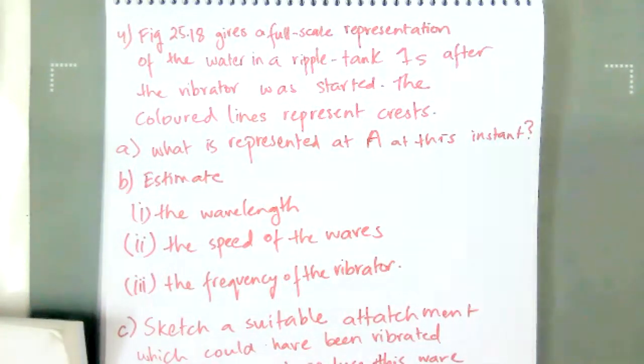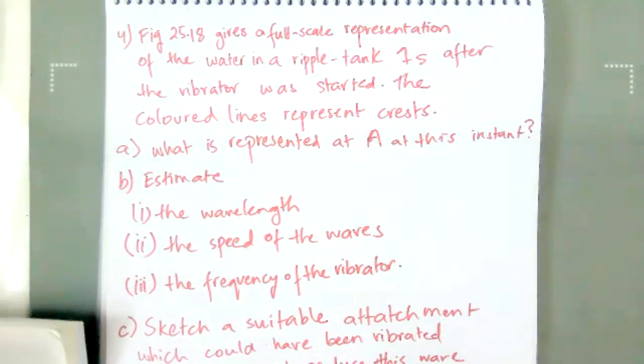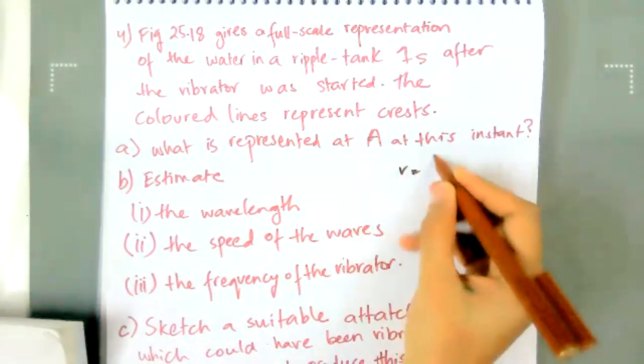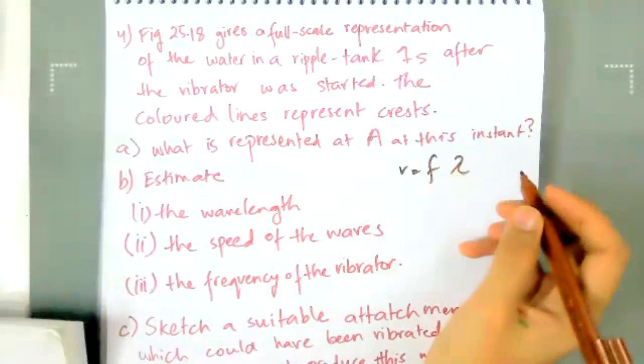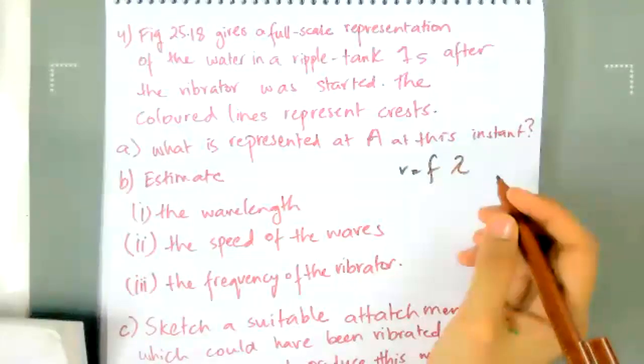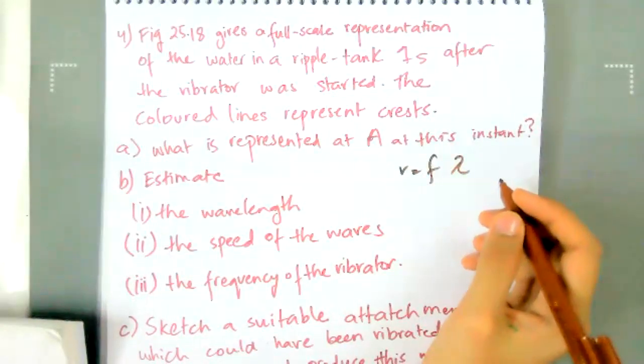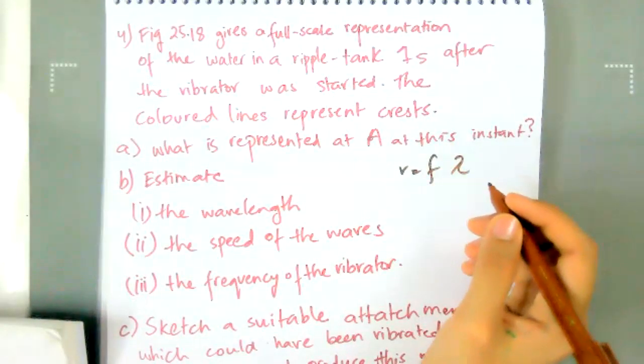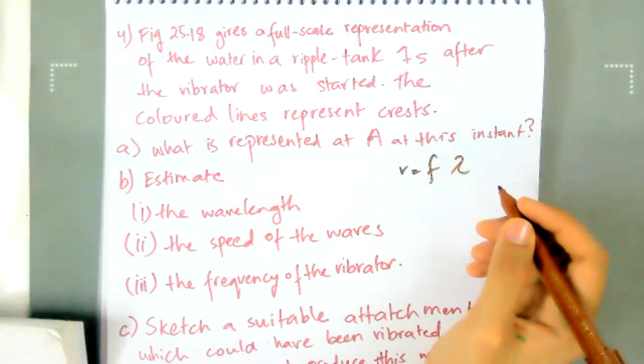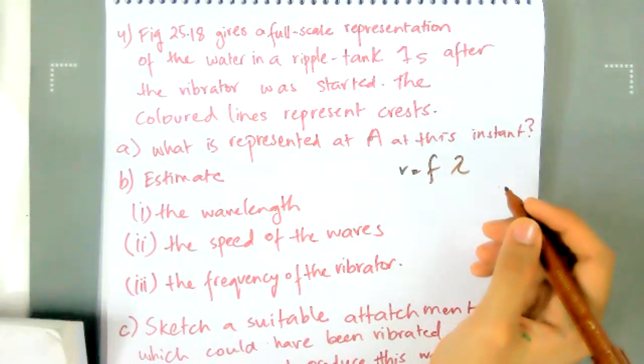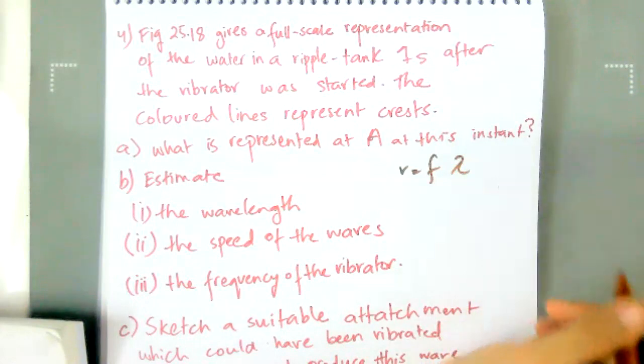Okay, Sundus, or if there's anybody else who wants to volunteer. Okay, Sundus, go ahead. The question gives a full scale representation. Full scale means what? That means that we can measure on the diagram. Yes, full scale means the diagram is representing the true length.